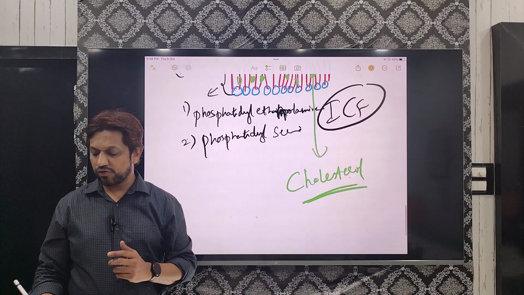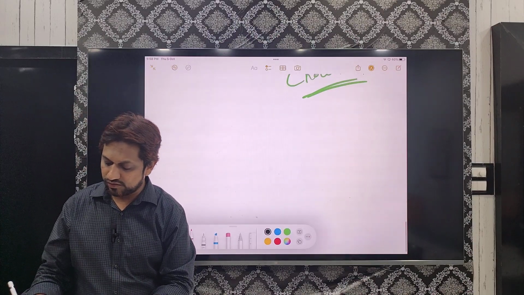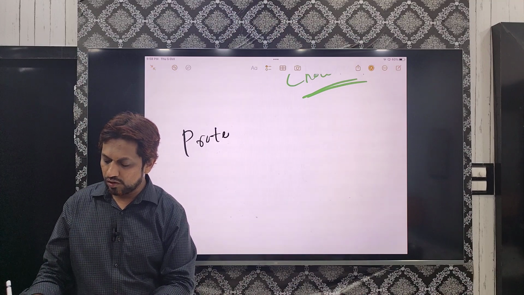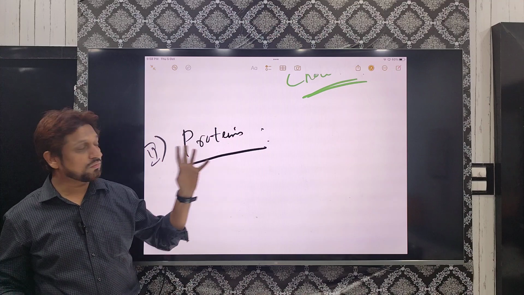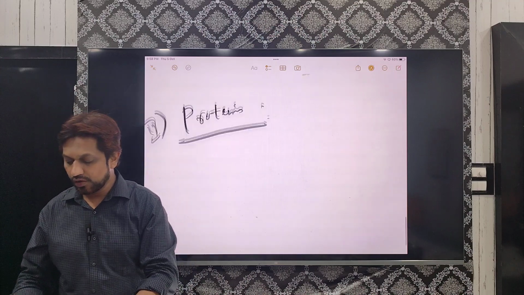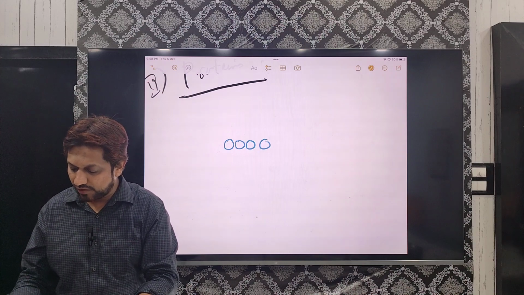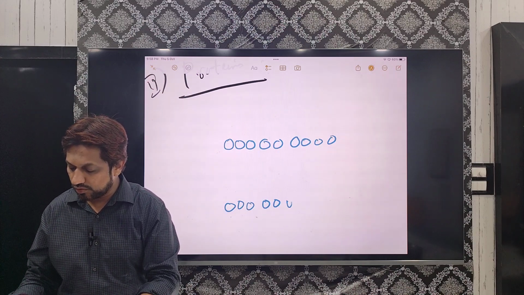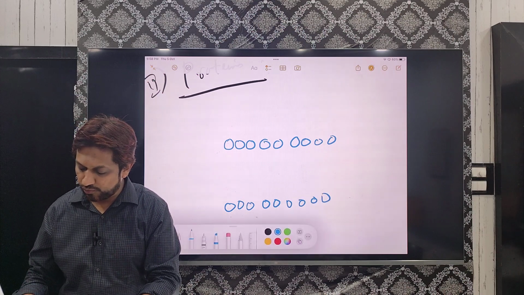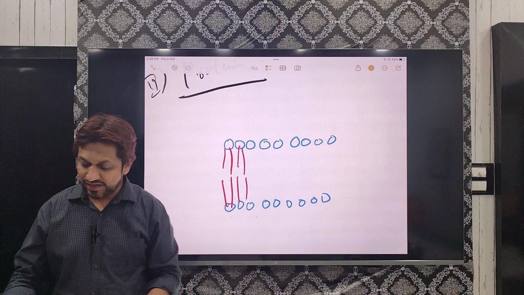Now let us discuss the proteins present inside the cell membrane, the second important constituent. The maximum constituent is proteins, nearly 55%. We'll draw once again a rough diagram of this lipid bilayer. This is the phosphate moiety, and again we have the fatty acid content.